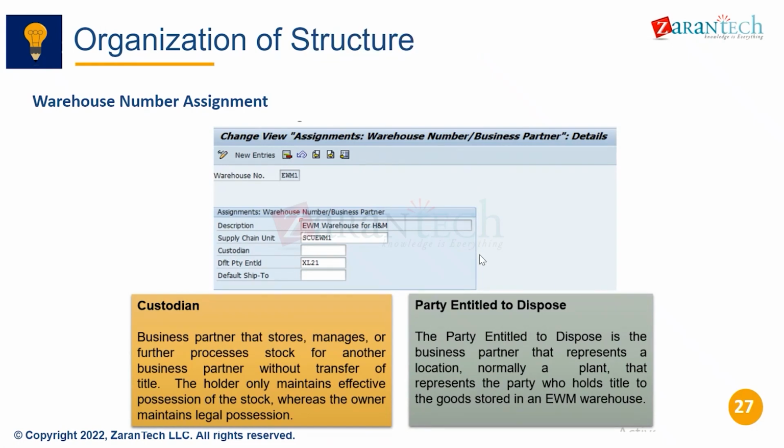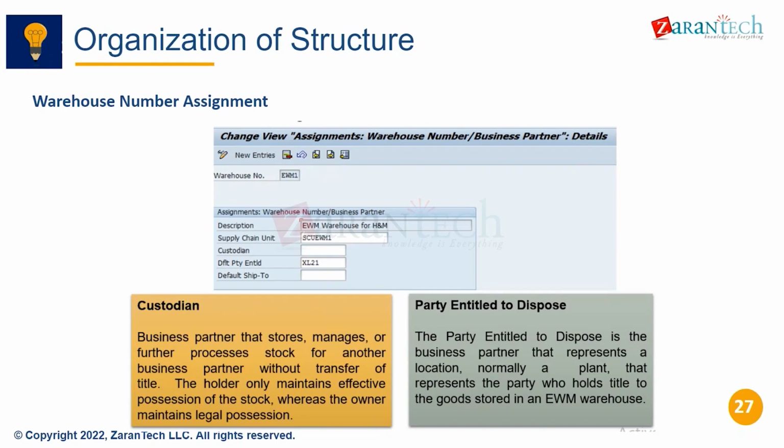Now these are some basic entities for the warehouse number you should have, the warehouse supply chain unit. What is your supply chain unit? It is the physical location of that warehouse, which is called the supply chain unit in the EWM concept. Then custodian, you can see here, is the business partner that stores or manages your stock.